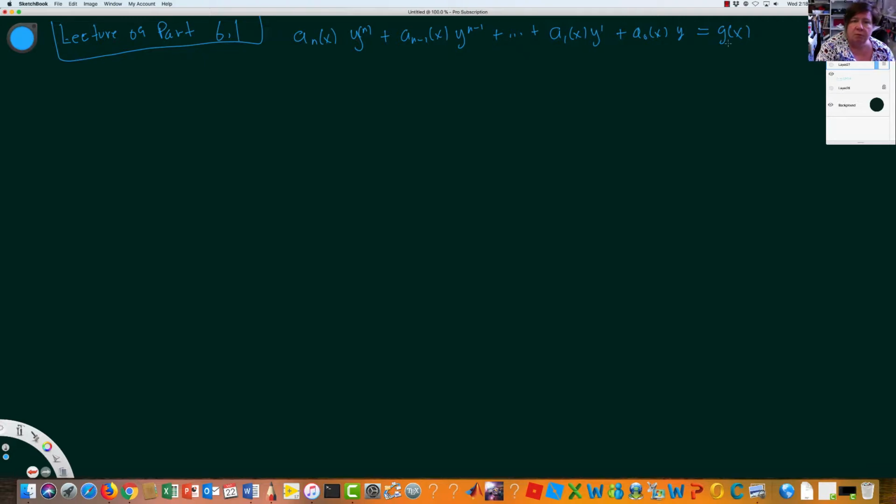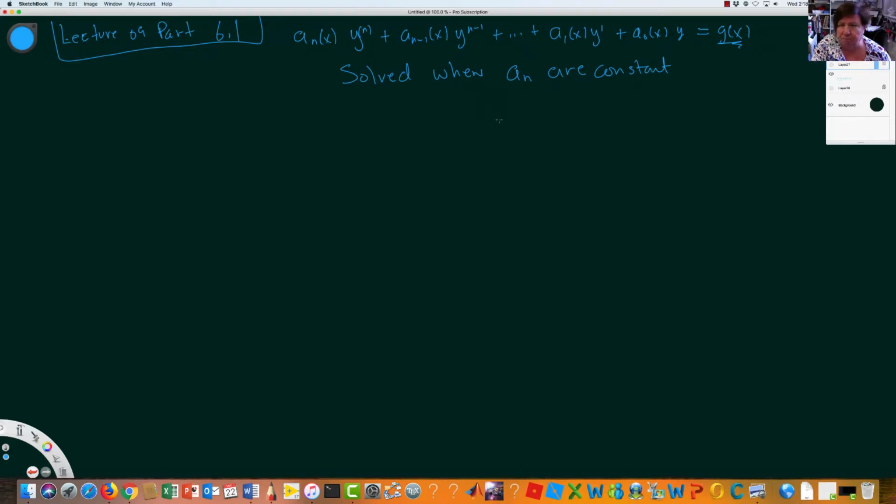So we've learned about solving the case when the a_n are constants, and we even solved the inhomogeneous equation for any function g of x.